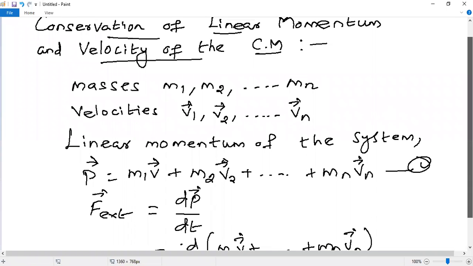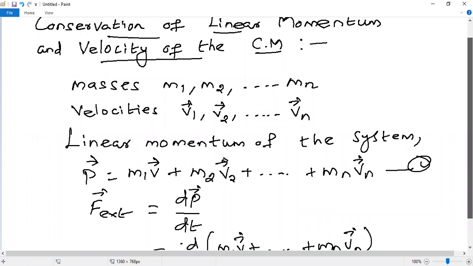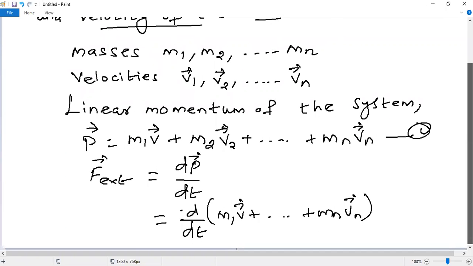Conservation of linear momentum and the velocity of the center of mass. I considered masses m1, m2 up to mn, velocities v1, v2, and I am using the linear momentum formula. Next one, Newton's second law of motion.